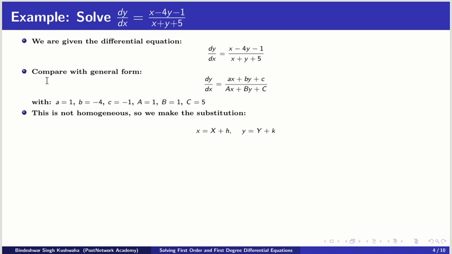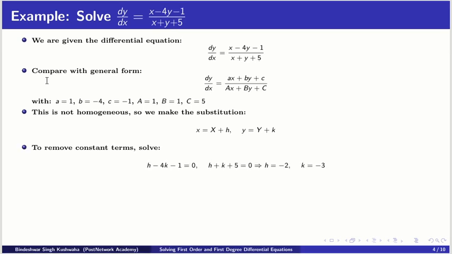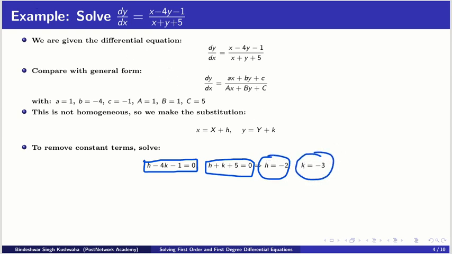X is equal to capital X plus H, y is equal to capital Y plus K. To remove the constant terms, we will solve these two equations for H and K. After solving, we have H is equal to minus 2 and K is equal to minus 3.